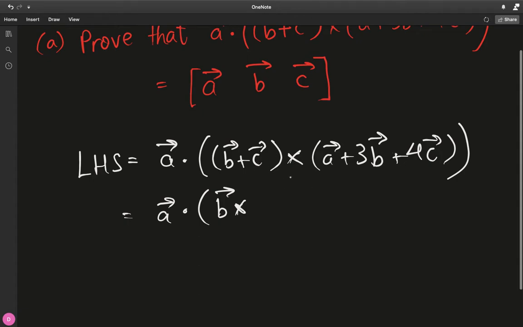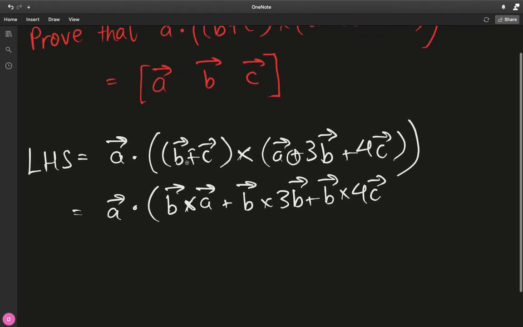It's basically that same thing, but we can't flip the orders because it's a cross product. So B vector cross A vector plus, because of this, B vector cross 3B vector plus B vector cross 4C vector.